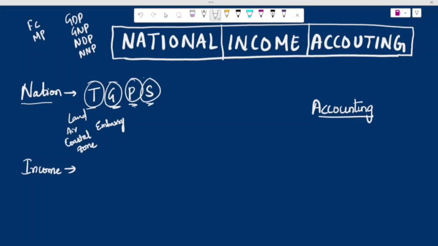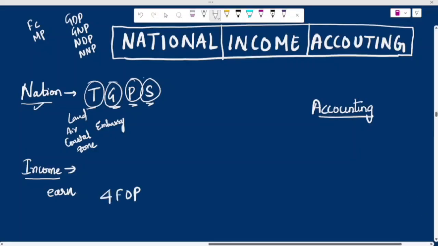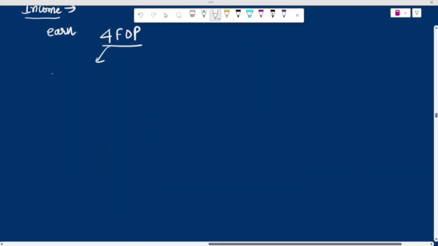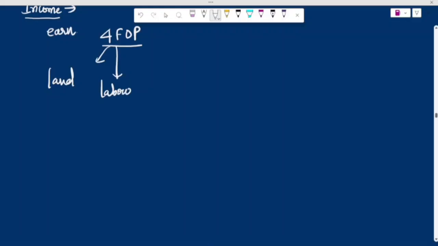Then income. Income is something which you earn, right? We know that we have four factors of production. So what are those? Land, labor, capital, and entrepreneurship. If you have any doubts regarding this, I have already uploaded a video about microeconomics, so you can watch that.